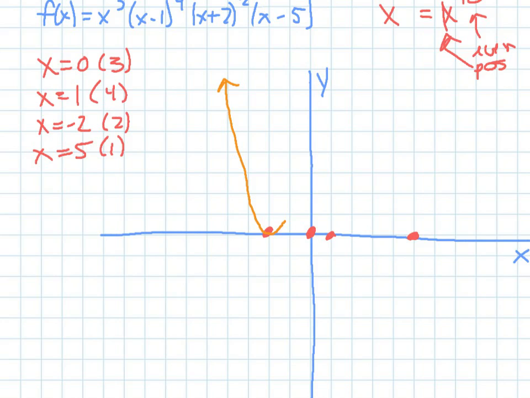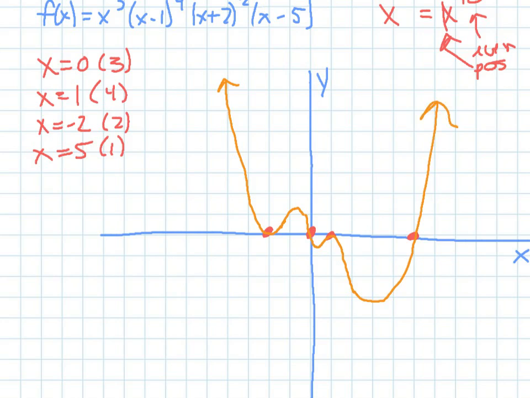Then the next one is 0, and it's odd, so I'm going to cross it. And then at 1, I've got 4 of them, so I cross at 0, and then I'm going to touch the 1 and head back in the same direction. I was coming from -infinity, so now I'm going to go back to -infinity. And now for the 5, I've only got 1, so I'm going to go straight through and head to infinity like I'm supposed to, because that's my end behavior, because it's even positive.